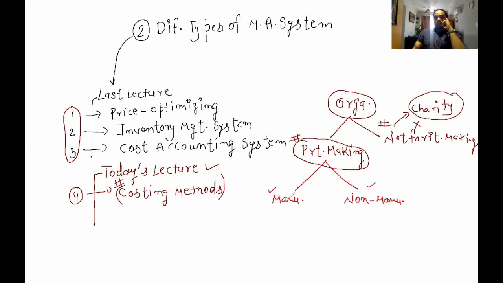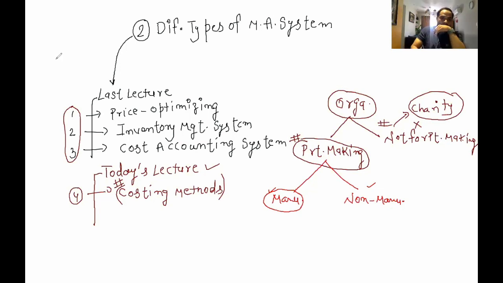Now, these manufacturing companies need to calculate the cost of product that we studied in the previous session. It's really important to estimate the cost of product, all right? If our cost estimation is wrong, our price estimation or price determination is going to be wrong.